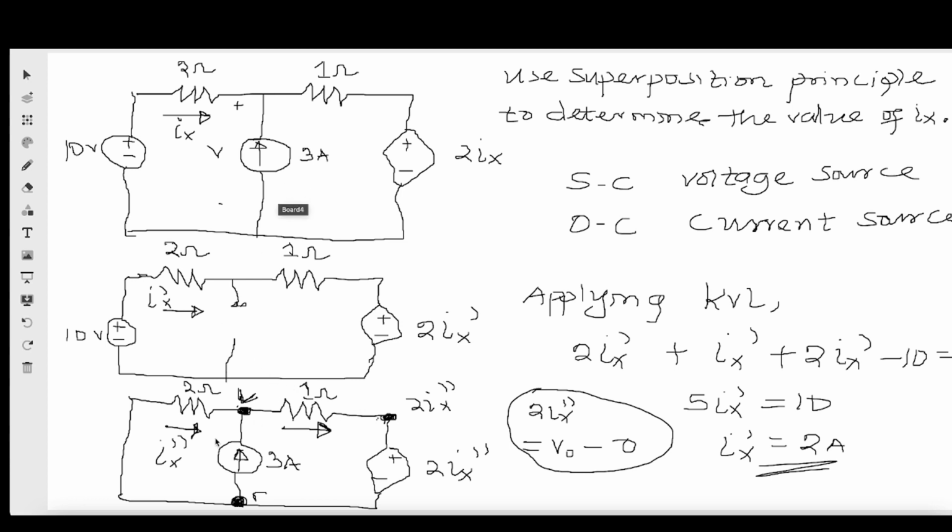So let us apply KCL to the node voltage V. At this node, Ix prime prime is entering. This is going out, like I always say, we always assume that it's going out unless otherwise stated. Then this is going in. So current going in is equal to current going out. So Ix prime prime plus 3 is equal to V minus 2Ix prime prime over 1.